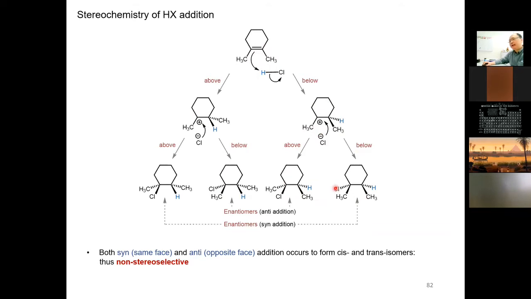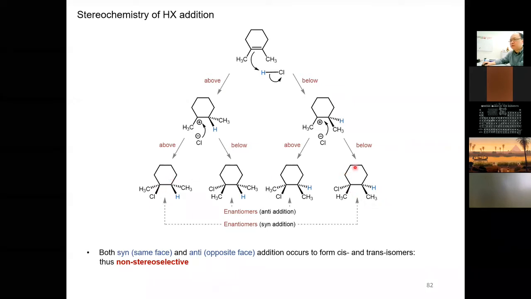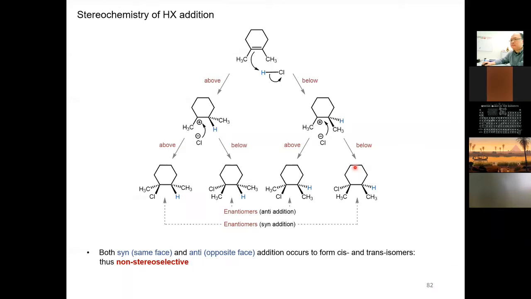If you look at these four structures from a single starting material, you can try to figure out the relationship between them. Look at the first one and the fourth one. What's the relationship between them? They are enantiomers. And the second one and third one are also enantiomers.